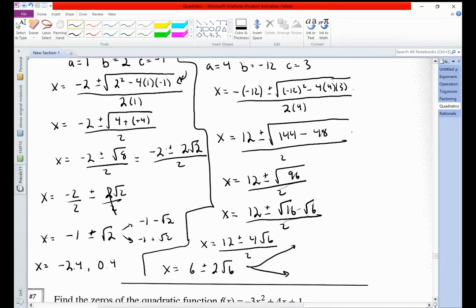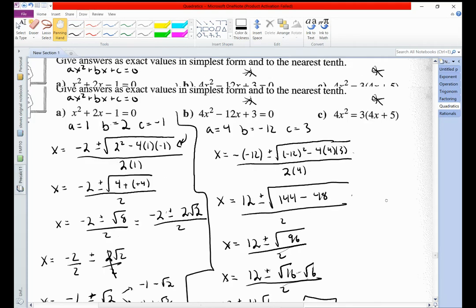So that gives us 2 roots, 6 plus 2 root 6, which is going to be 2.7, and 6 minus 2 root 6, which is going to give us 0.3. Those are our 2 roots right there.